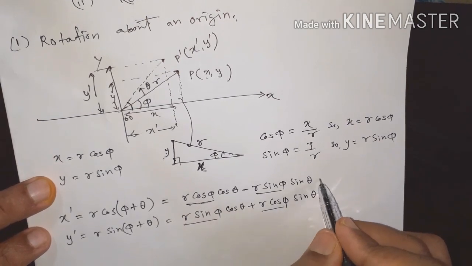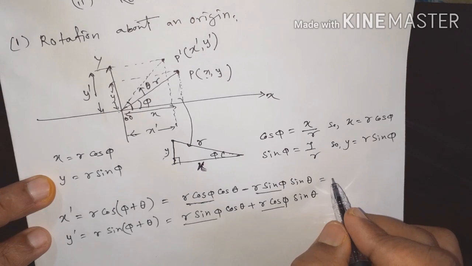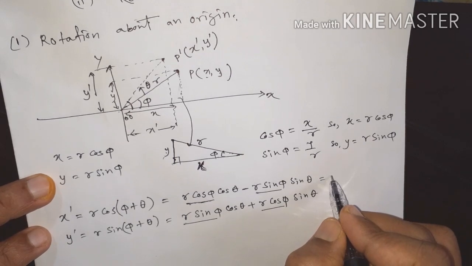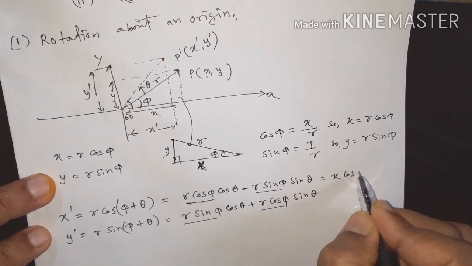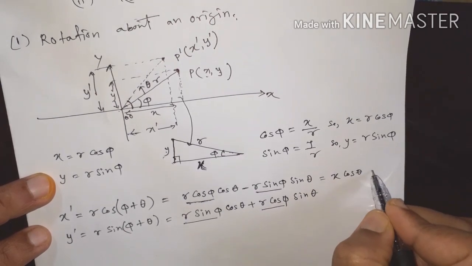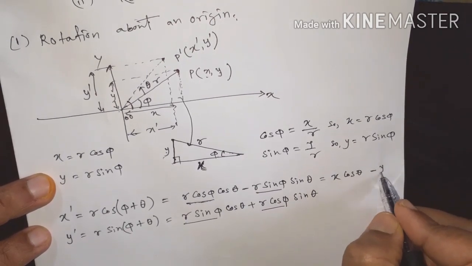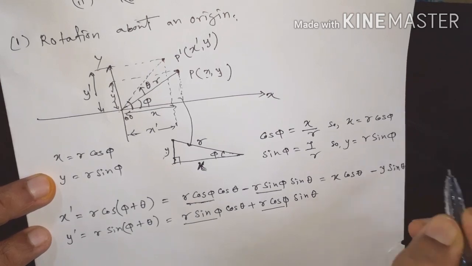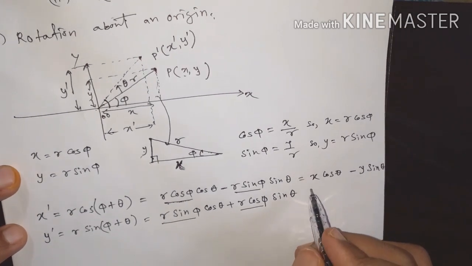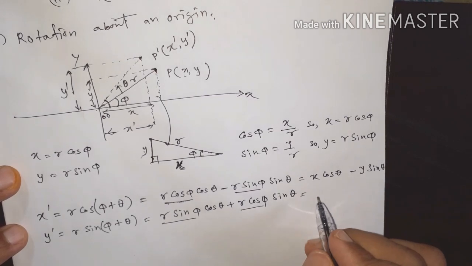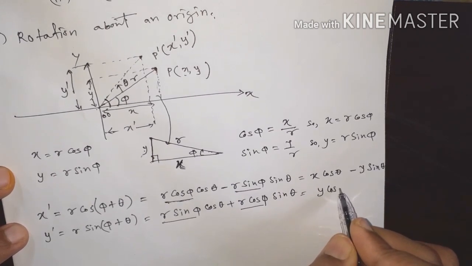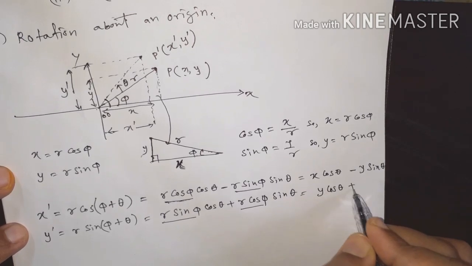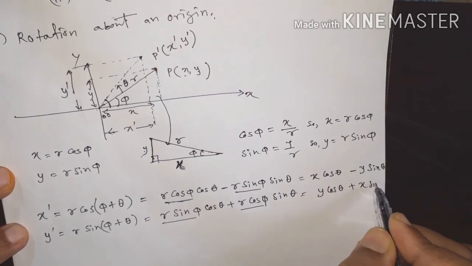Now I replace the original values, r cos phi equal to x and r sin phi equal to y. So we get x cos theta minus y sin theta, and y cos theta plus x sin theta.